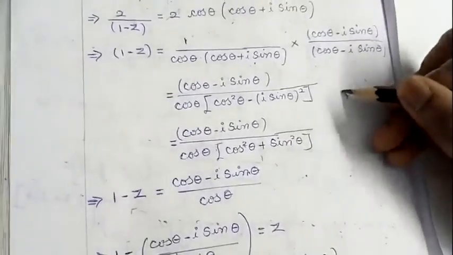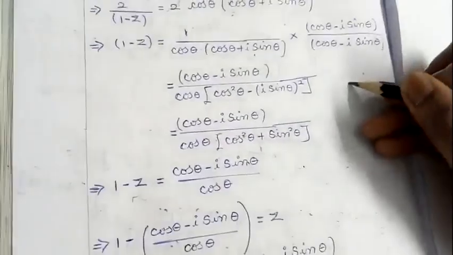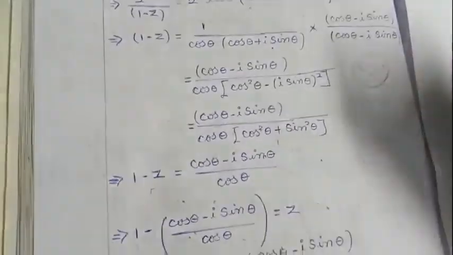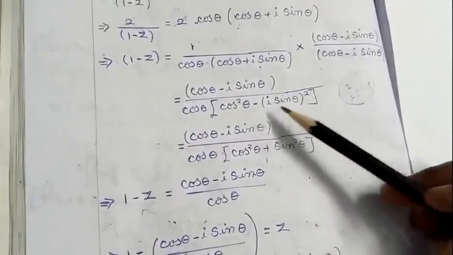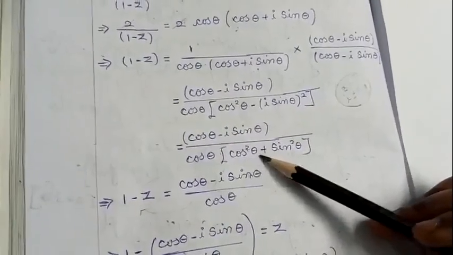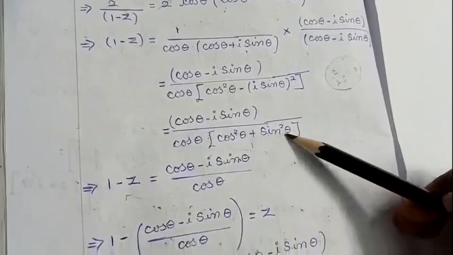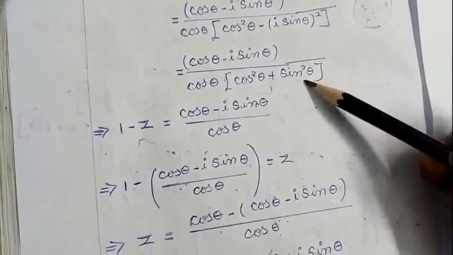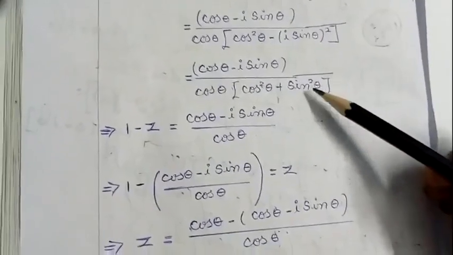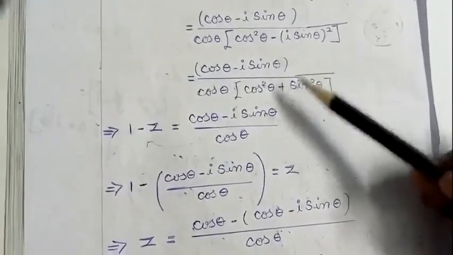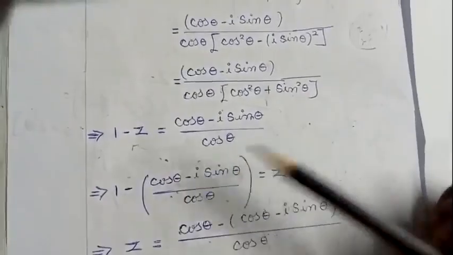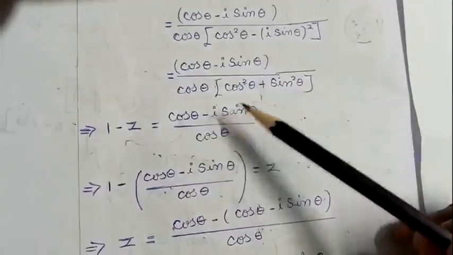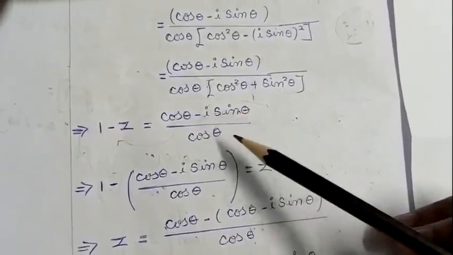The value for i square is nothing but minus 1. After doing this calculation, I will be getting cos square theta plus sin square theta, which is 1. So after simplification, I am getting the final value as 1 minus z equal to cos theta minus i sin theta divided by cos theta.